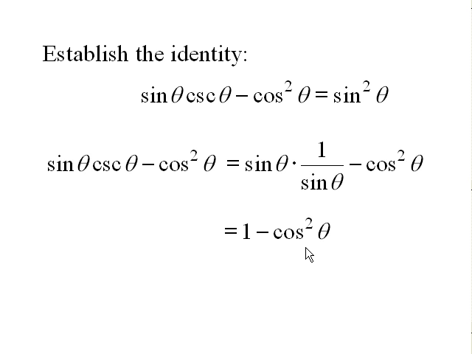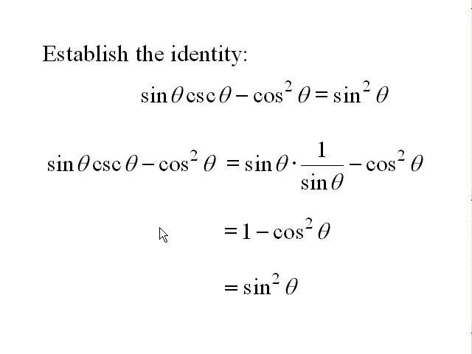Now remember the Pythagorean identity, sine squared theta plus cosine squared theta equals 1, and 1 minus cosine squared theta then is sine squared theta. We started with the left-hand side of this equation and worked down through so that we had an expression that matched what was given as the original right-hand side of the equation. That is establishing the identity.